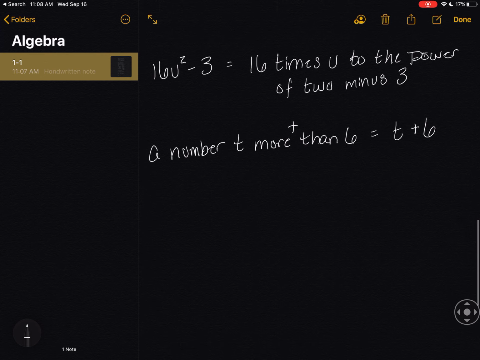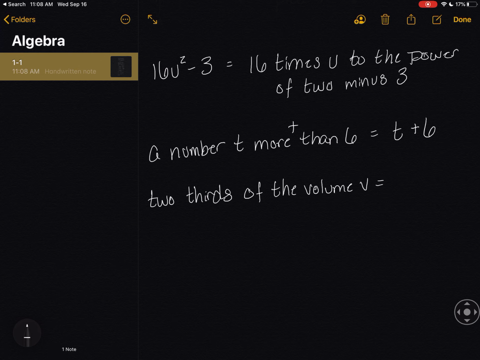If I asked you for 2/3 of the volume V, 2/3 is a fraction that is 2/3. So if I have 2/3, 3/5, if I'm writing a fraction, it'll be my number over whatever that is in that power.